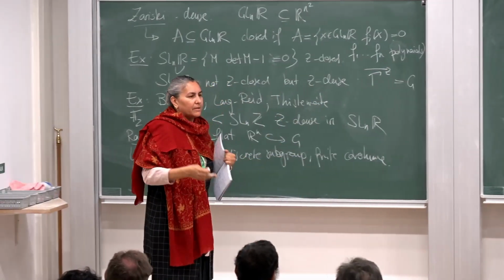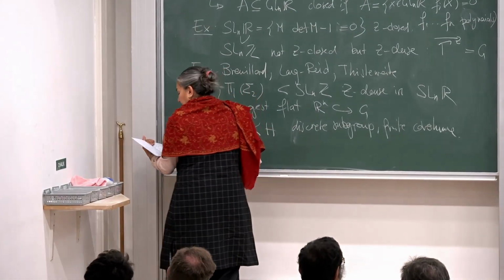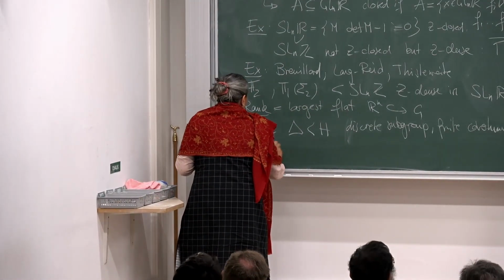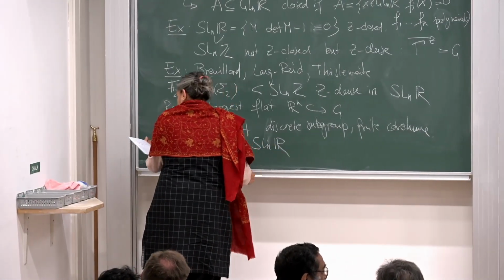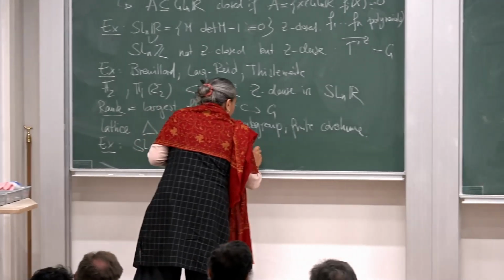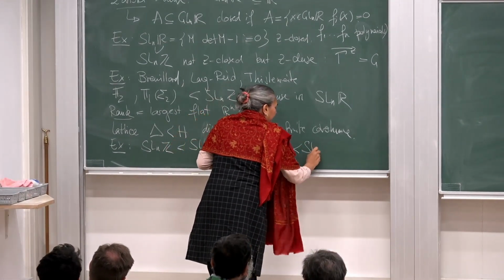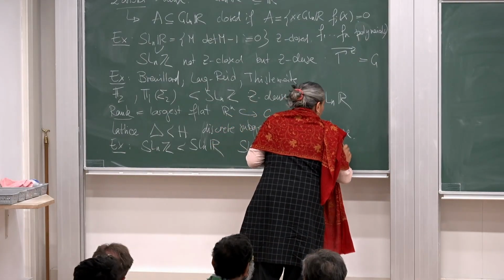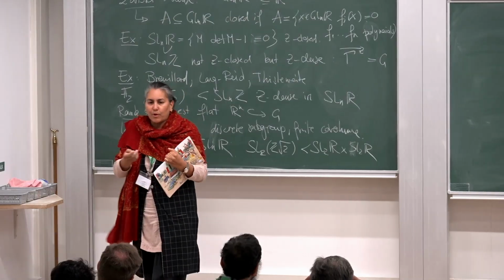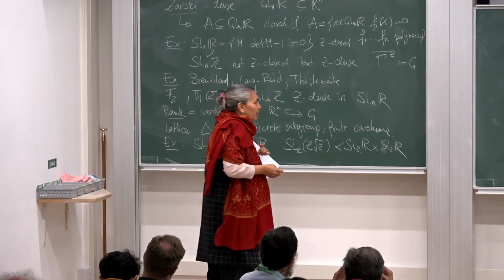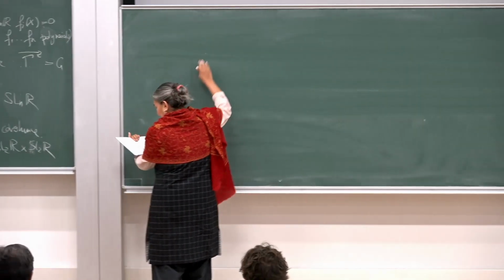Finite covolume could be co-compact or non-co-compact. The examples are SL_n(Z) in SL_n(R). A nicer one is SL_2(Z adjoin root 2), which you can put in SL_2(R) cross SL_2(R). Those are non-co-compact. If you want co-compact ones, then you have to work quite a bit more, but they exist, and there's a lot of them.